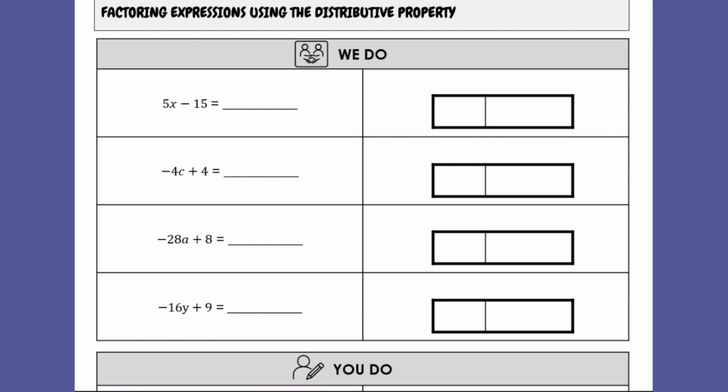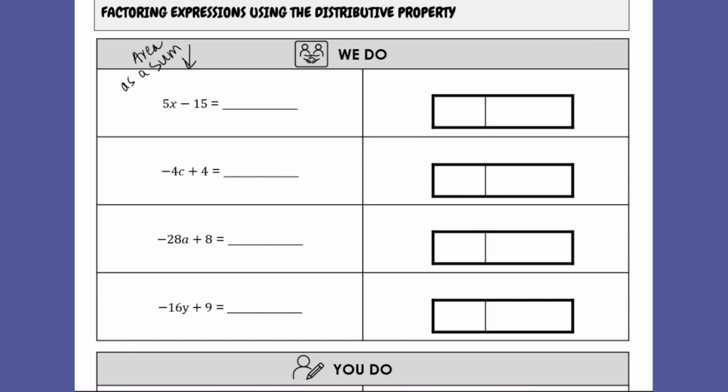So now we're going to look at some examples. We have 4 we do problems to do. And I'm going to show how to do these with the area model because I think the area model really helps with the signs. When you look at your problems here, you notice that we are given the area as a sum.